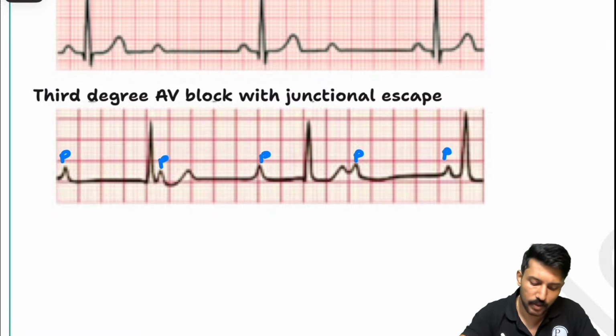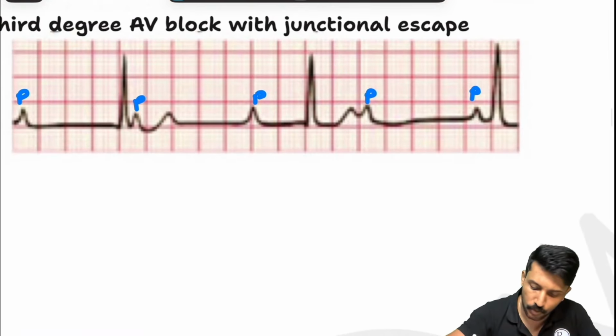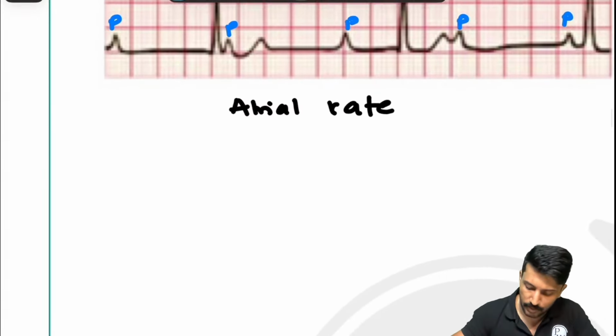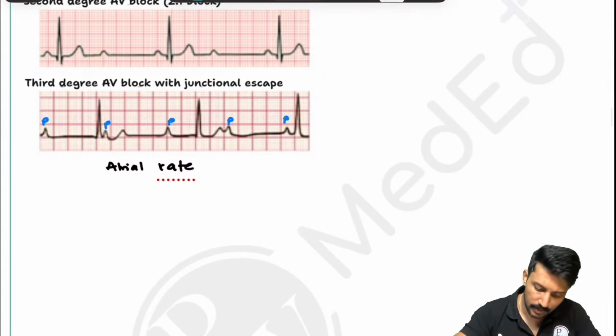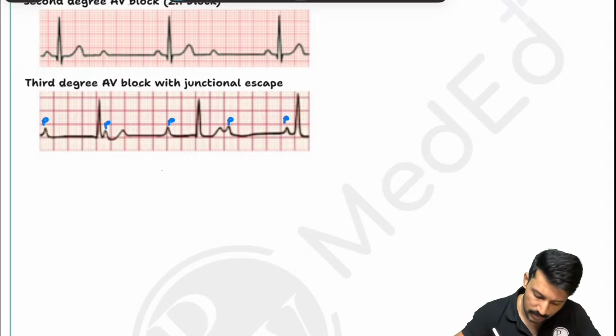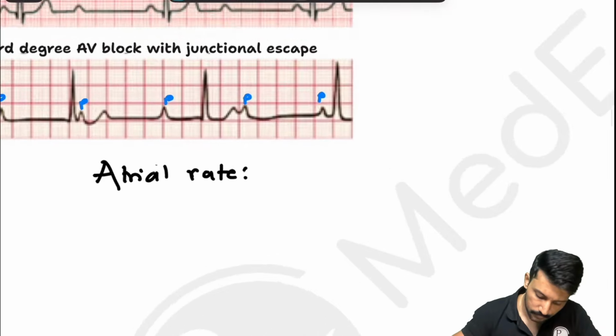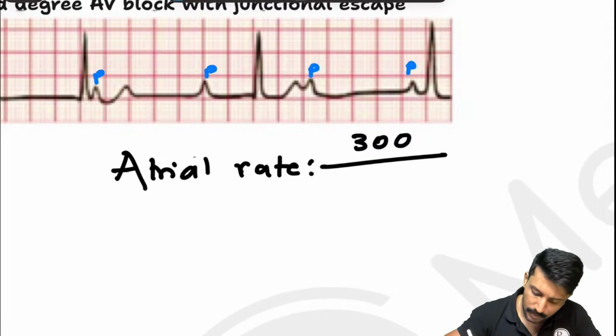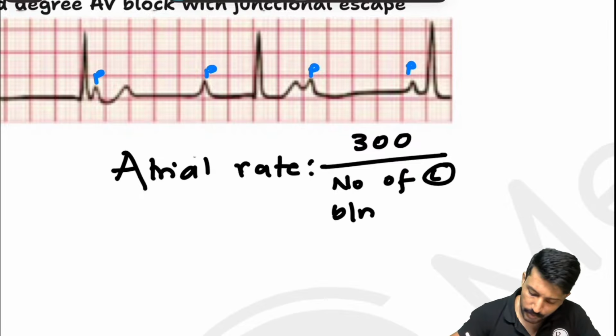So if you want to calculate here, we can calculate. I will just give you a quick hint. Let us say what is the atrial rate here. So if I want to calculate the atrial rate, how can I calculate in this ECG? Atrial rate here is 300 divided by number of large boxes between the PP interval.